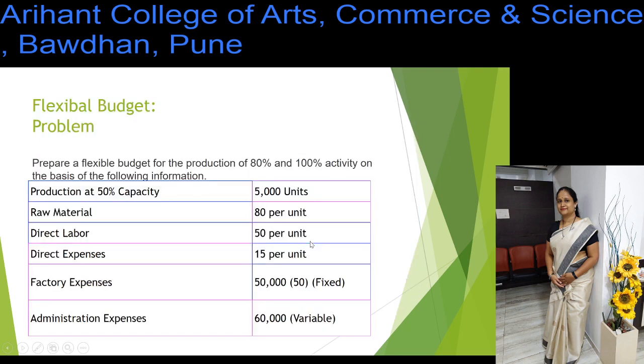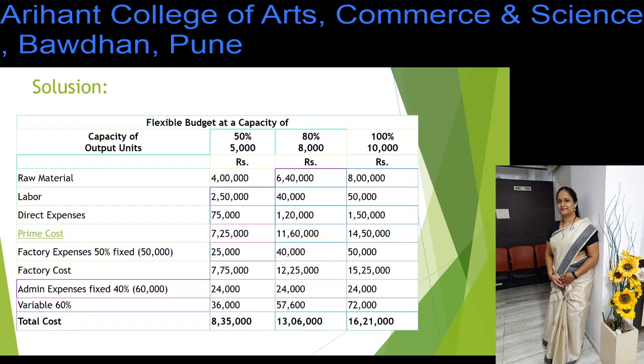Then they have given factory expenses which is fixed, 50,000 for all the capacities. So this fixed cost will remain the same. Factory expenses are 50,000 at 100% capacity.